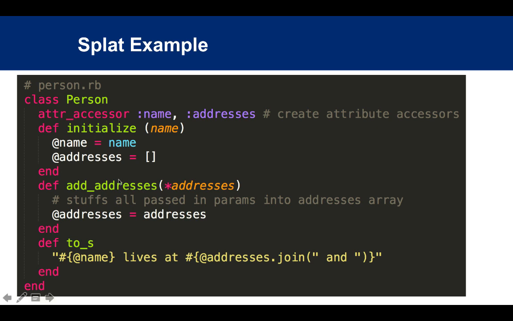So let's say you have a class called Person, and it has a method add_addresses. And this addresses parameter here is a splat. Almost think of it as something that gets splattered into many pieces. So add_addresses takes an addresses parameter, which is a splat, so it ends up being just an array that you could assign to an addresses array.